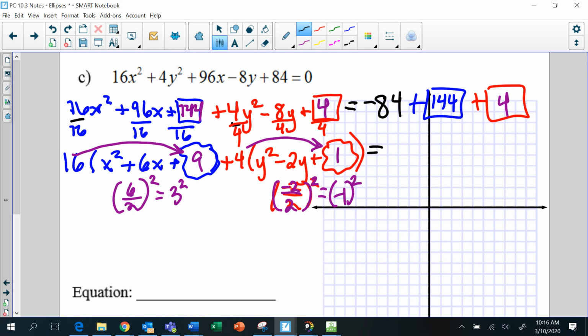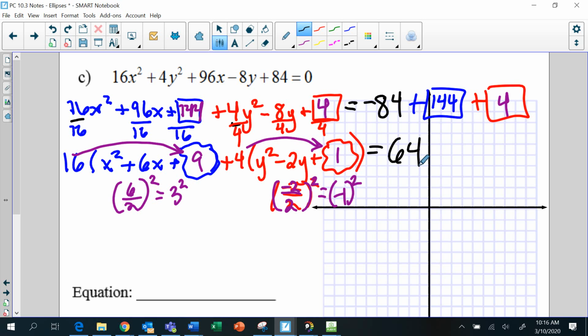So on the right side, negative 84 plus 144 plus 4. What is it? Okay, now we're going to do the factoring step. I believe I was talking about it yesterday or two days ago.